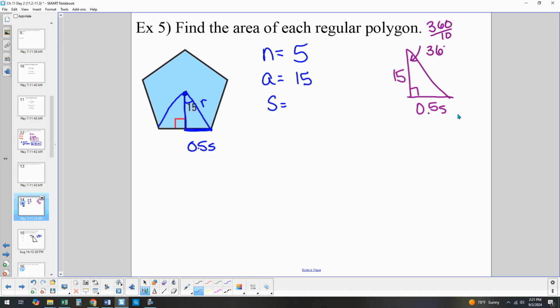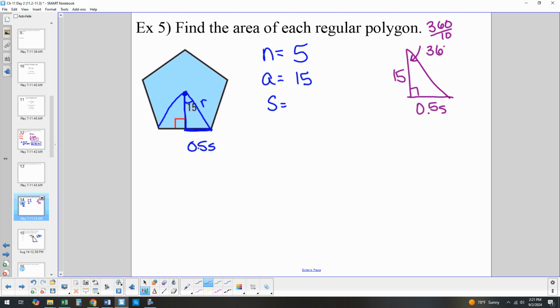degrees. We're going to have to use SOHCAHTOA to solve for our missing side. So using SOHCAHTOA, I have O and A. Unless we're using the radius, we're always going to be using O and A, so we're always going to be using tangent. It's when the radius is involved that we'll probably use both sine and cosine to find a and s.